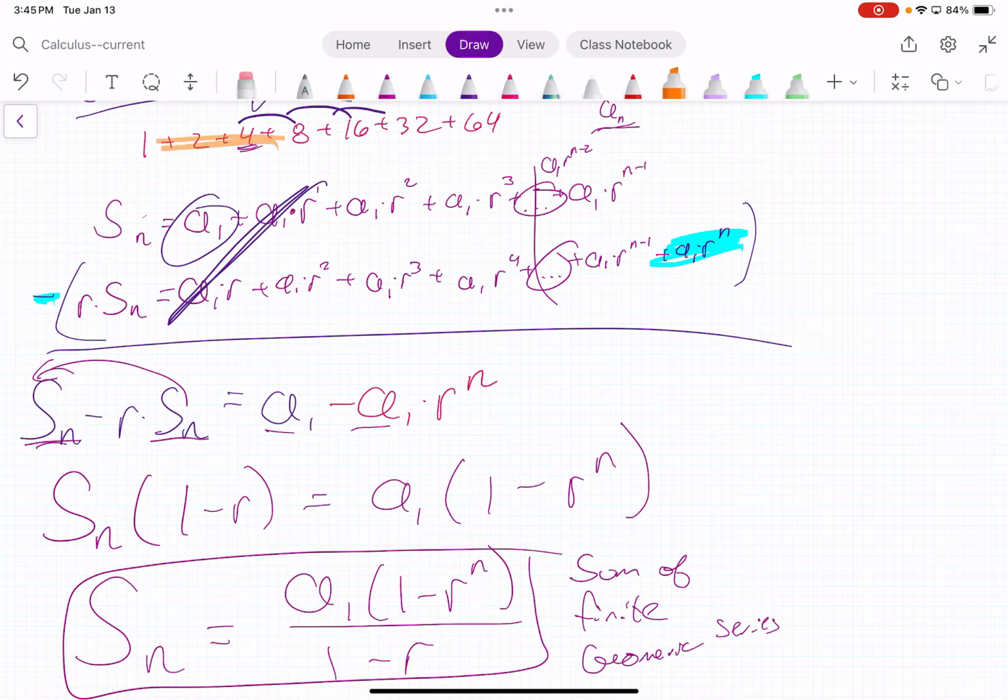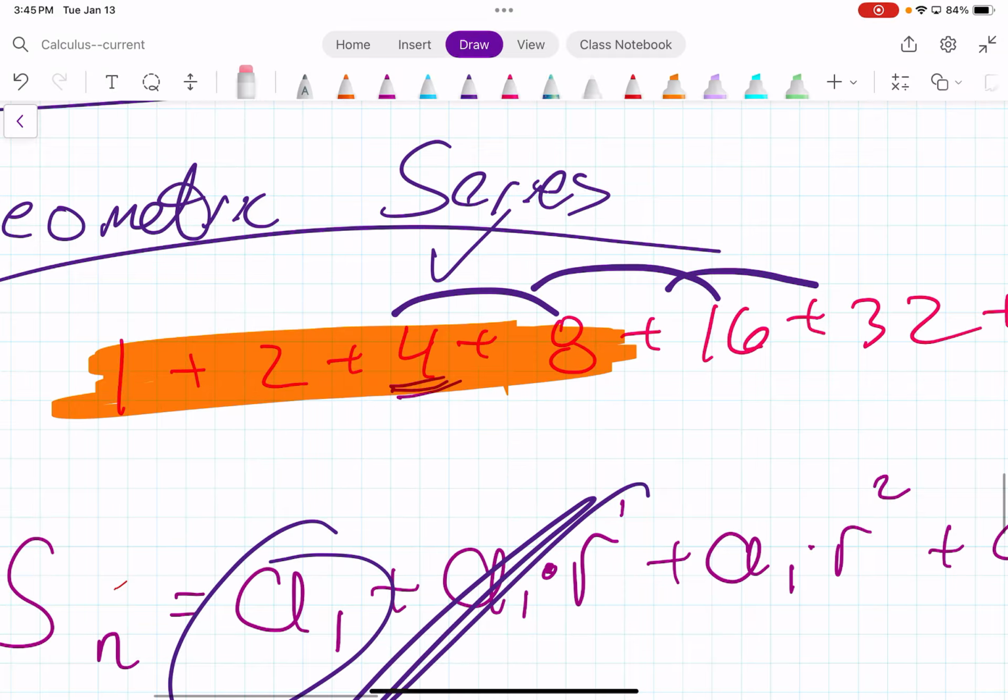Okay, so if I highlight those 4 numbers in orange, that's n equals 4. You okay with that? 4 numbers, that's what 4 is. It's the number of numbers I'm adding.